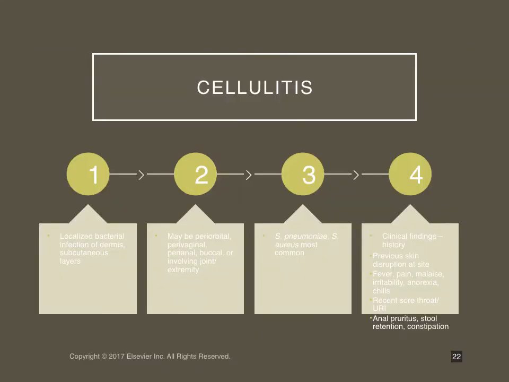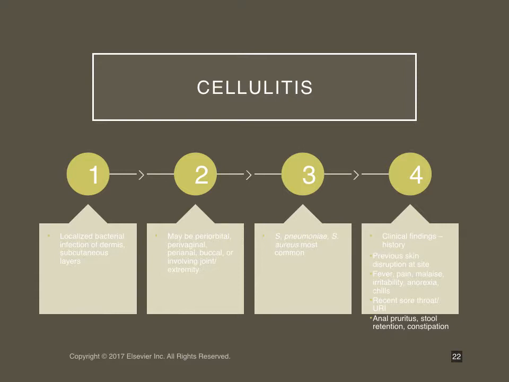Cellulitis is a more serious skin infection. It's a bacterial infection that goes deeper into the layers of the dermis and the subcutaneous layer. Cellulitis can be seen periorbitally and in other areas of the body. Strep pneumoniae and Staph aureus are the most common organisms.